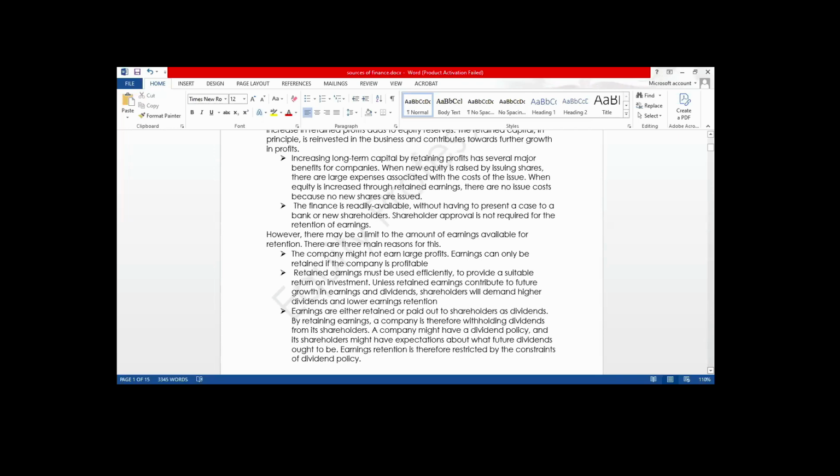In other words, dividend policy could be a limitation to the amount of earnings a company can retain. Because once you establish a dividend policy communicated to your shareholders, then you cannot go back and start retaining their money.